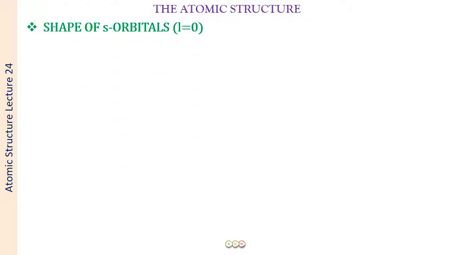So first let us see the shape of the s orbital. For s orbital, l is 0. So that means in the s subshell, we have only one s orbital, right? m is going to be 0. That is one value for m.